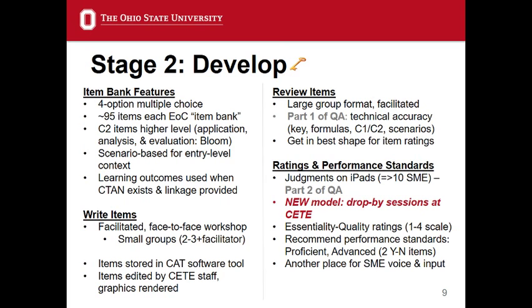There are about 95 items in each end of course item bank. C2 items test higher level; we're calling that application, analysis, and evaluation from Bloom's taxonomy. We have scenarios for entry-level context, and learning outcomes are used when a CTAN exists and the linkage is provided.